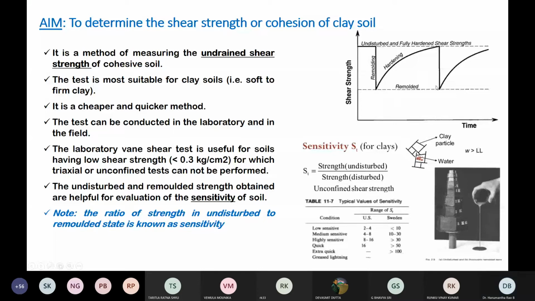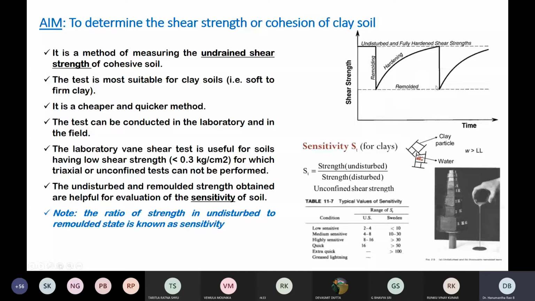Let me make a relevance between the formula, that is strength of undisturbed by strength of disturbed. You can see here, try to make a link between the sensitivity, St, and this graph. When the sample is in undisturbed condition, the shear strength is high. That is called undisturbed, the numerator. But when the same soil sample is remolded, that is called disturbance. See how much is the decrease in the shear strength.